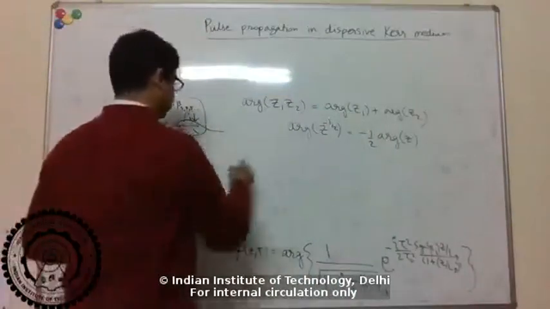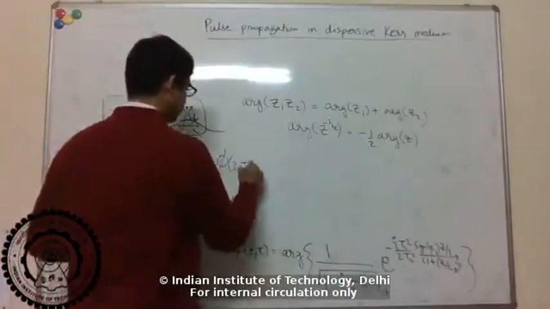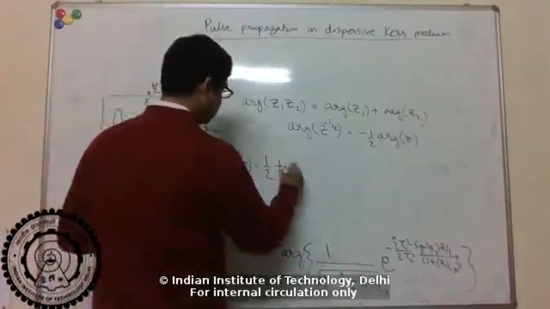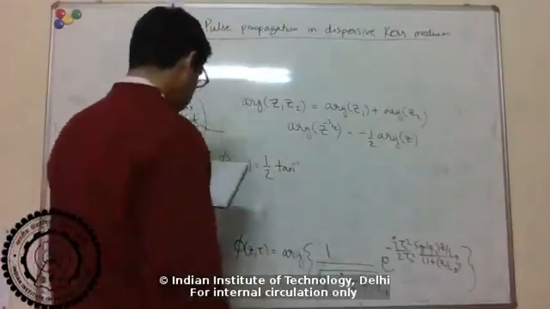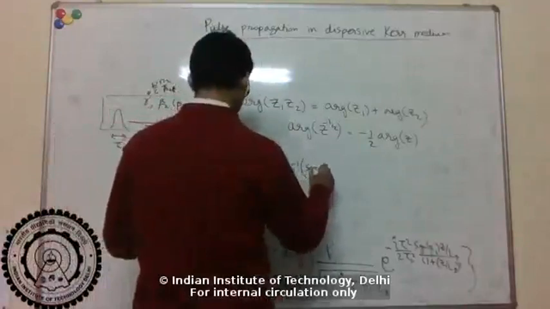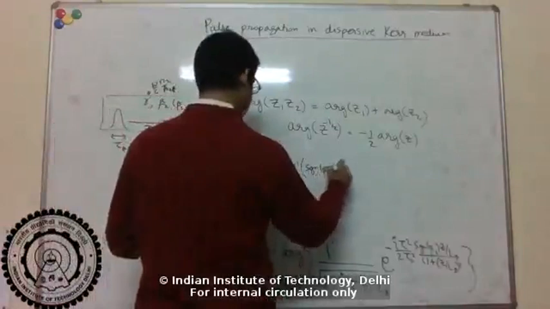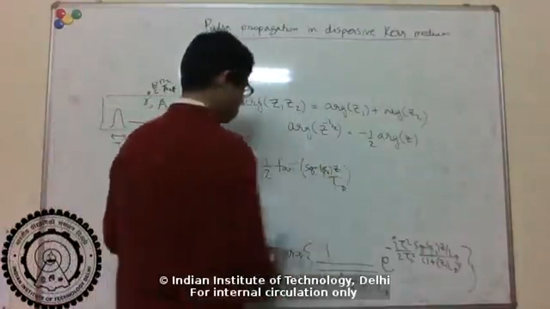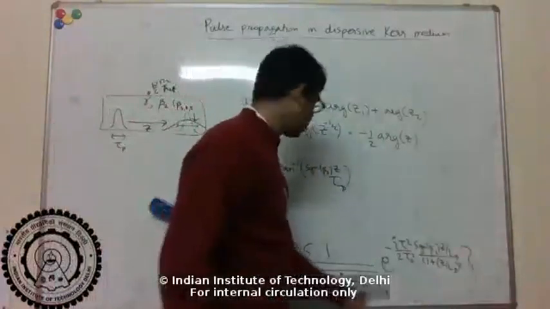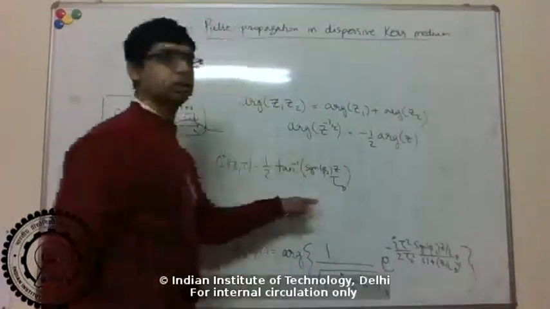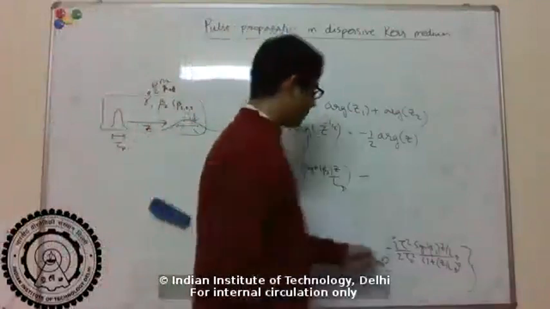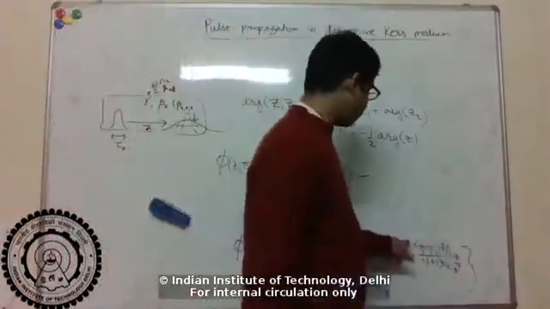Okay, so using these two formulas, I can write the angle of the phase. Here I have some complex number like a plus ib. The angle of that is tan inverse b by a. And then here I have e to the i something, so the angle of that is that something.